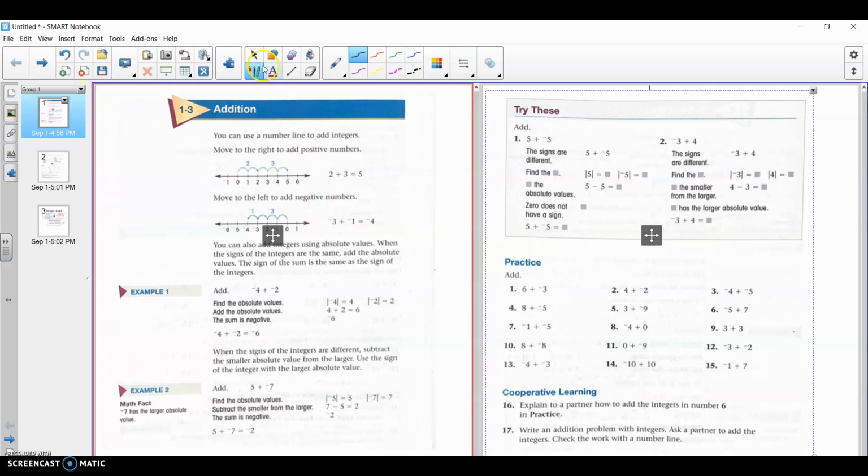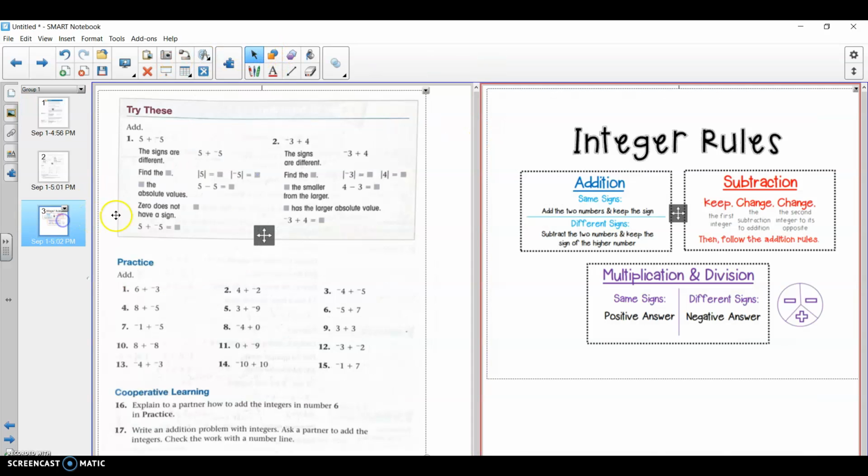The one thing that we need to understand in this lesson before we look at page 8 and 9 is our integer rules, which are on this page. On addition, and that's what we're going to focus on today, is just this box. Addition, if it's the same signs, add the two numbers and keep the sign.